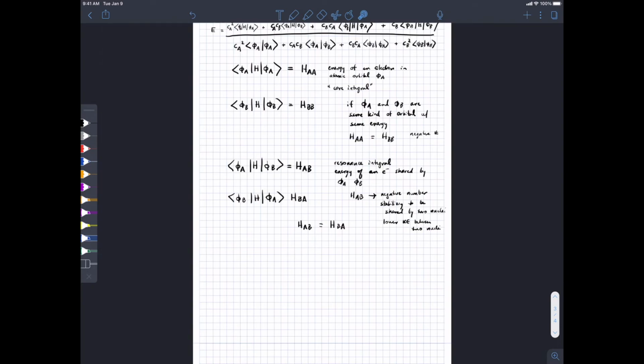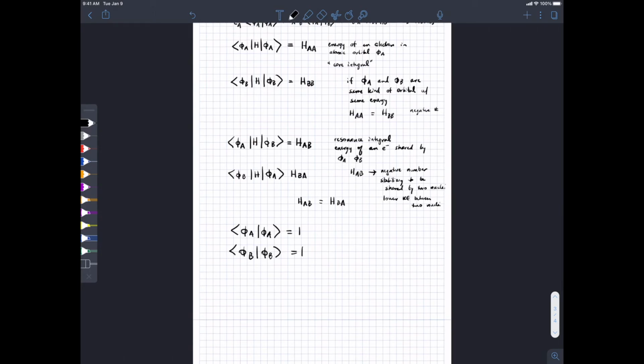Now let's deal with the denominator. The integral of phi A multiplied by itself is just 1. Has to be, right? Atomic orbitals, probability of finding an electron in an atomic orbital integrated over all space by definition is 1. And that's the same for phi B times phi B integrated over all space.